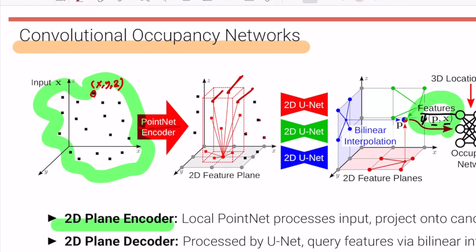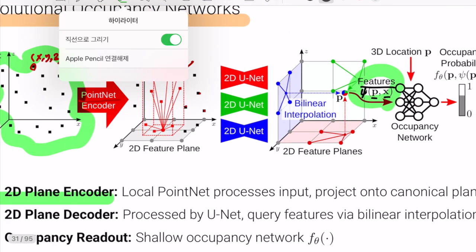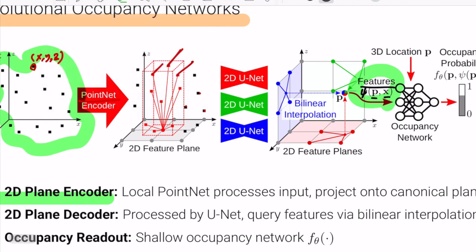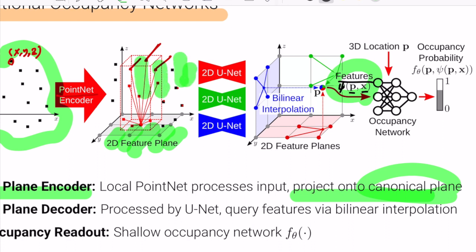Then to represent the local information, such a feature point cloud is projected onto the canonical planes. Because we're interested in 3D information x, y and z, we have 3 canonical planes: the xy plane here, and the xz plane and the yz plane.